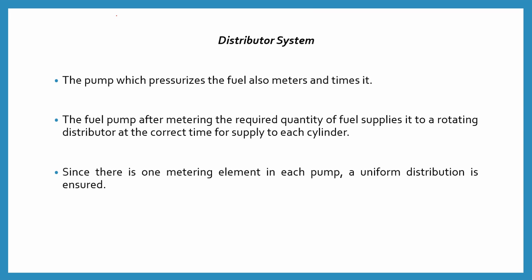Then the fuel is pressurized inside the distributor pump and the high pressure fuel is directed to an injector at the appropriate cylinder. That's why the injector atomizes the fuel for proper combustion.